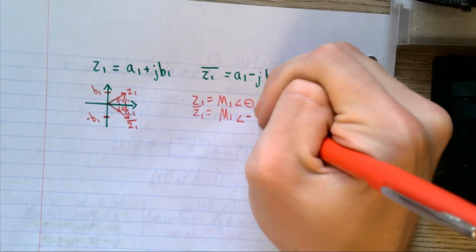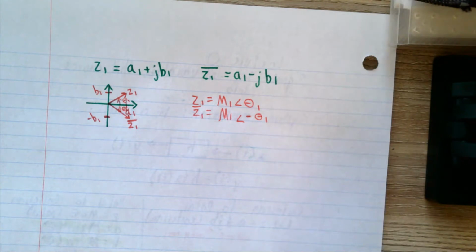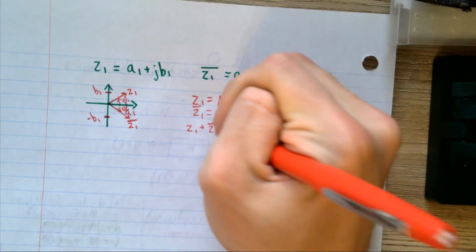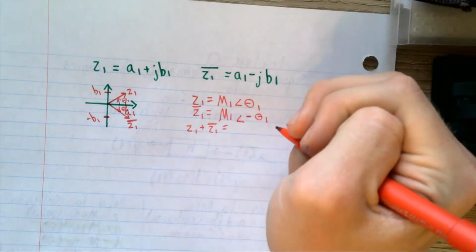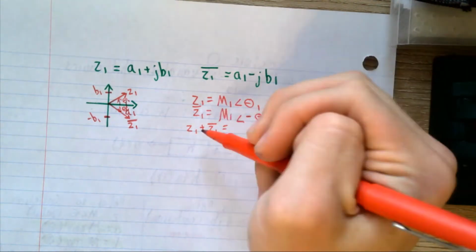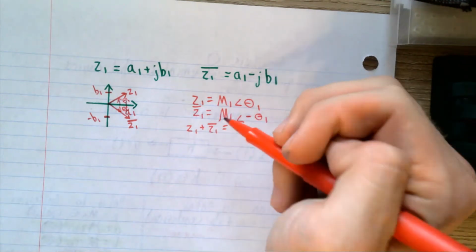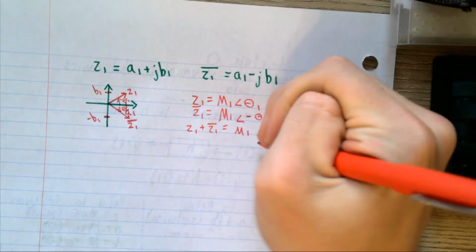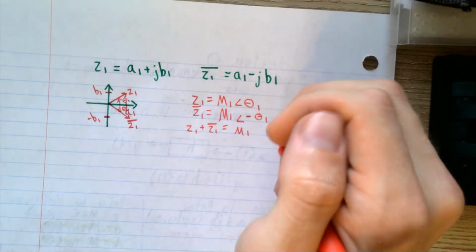And then if we add the two together, Z1 plus Z1 conjugate, if you look at the two and add them together, it would be M1 times M1, if you remember from our property back here.